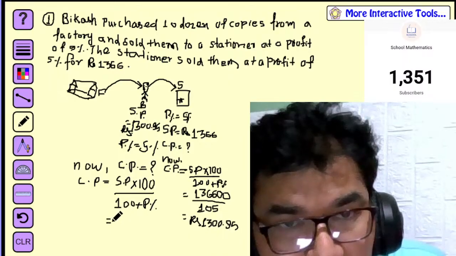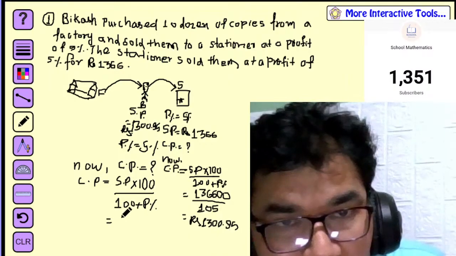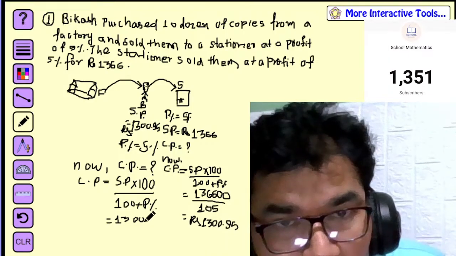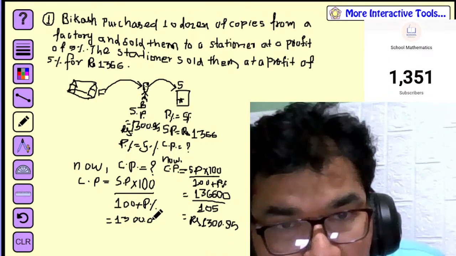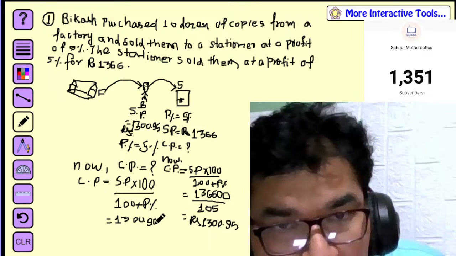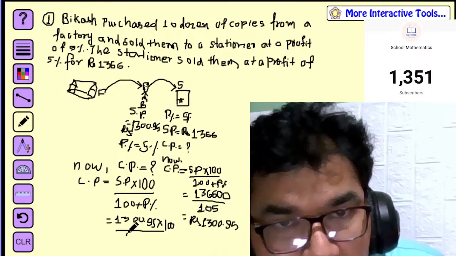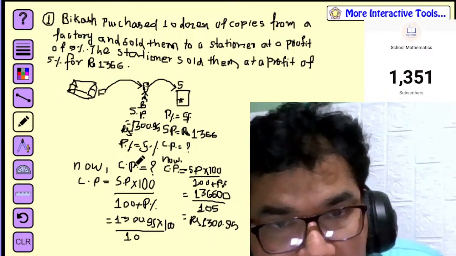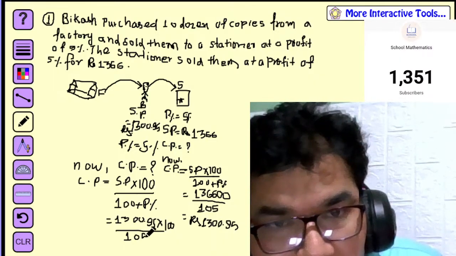SP is already found, 1300.95, multiply by 100. Here also 105, because 100 plus 5 is the profit percent.